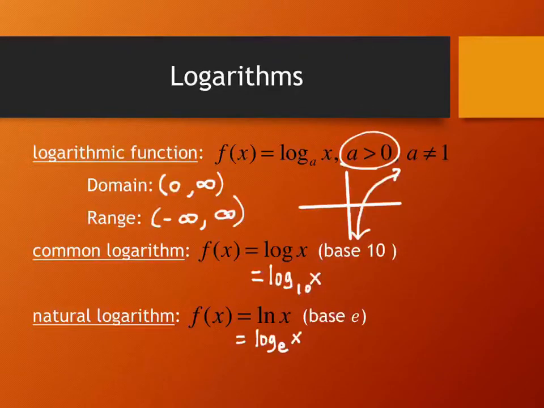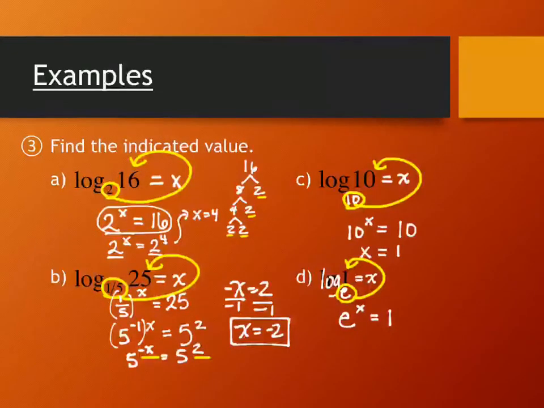The base is always positive, so it can't be 0. So e to the 0 is 1, means that x is equal to 0. And again, if you grab your calculator and type in ln, 1, and hit enter, it should say 0. Fabulous.